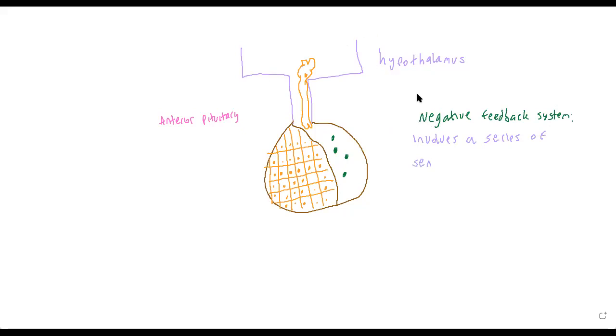Sensors detect levels of things in the blood. Sensors and integrating centers. Remember that an integrating center receives a signal and determines a proper response to keep hormones in a specific range.